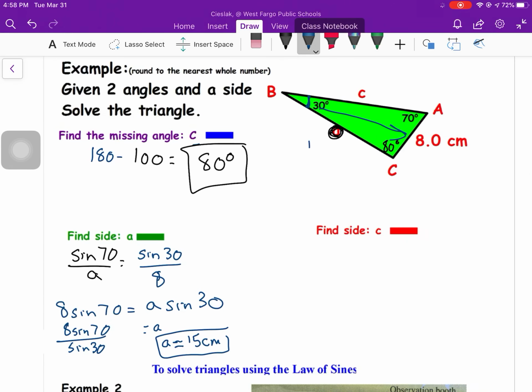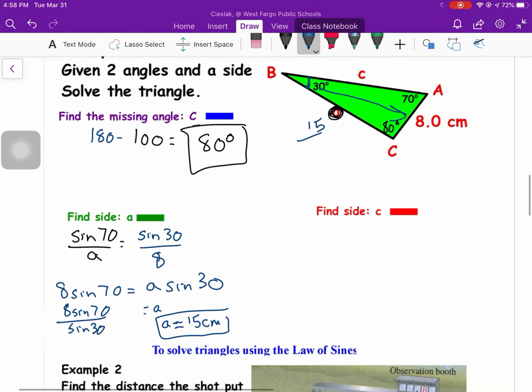So there's a. Whenever possible, we never want to use rounded values. You guys are going to see later in this chapter where sometimes it's unavoidable. But on this one, we don't have to worry about using that rounded value, because I can still use those two things that I knew right off the bat.